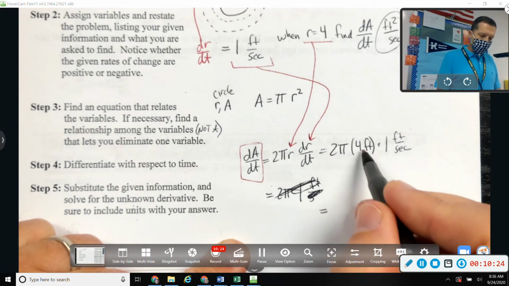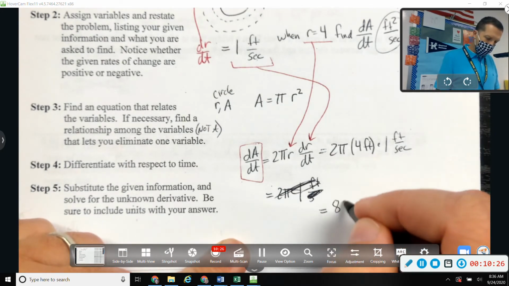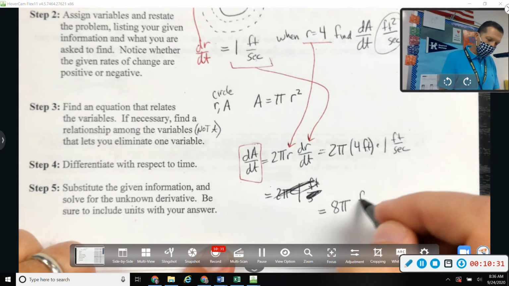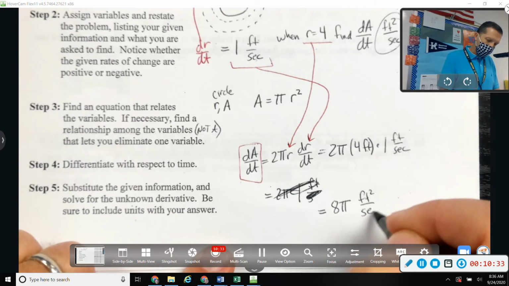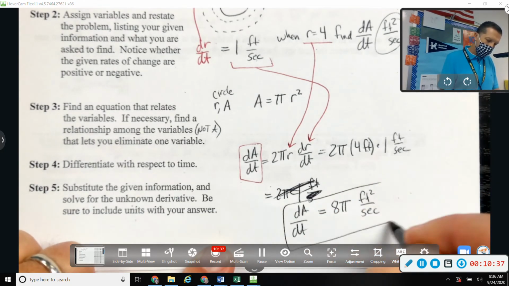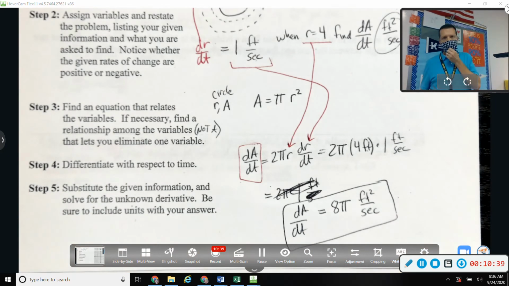So 2 pi times 4 would be 8 pi. Feet times feet is feet squared, and second is on the bottom. So that's how fast the area of the circle is changing.